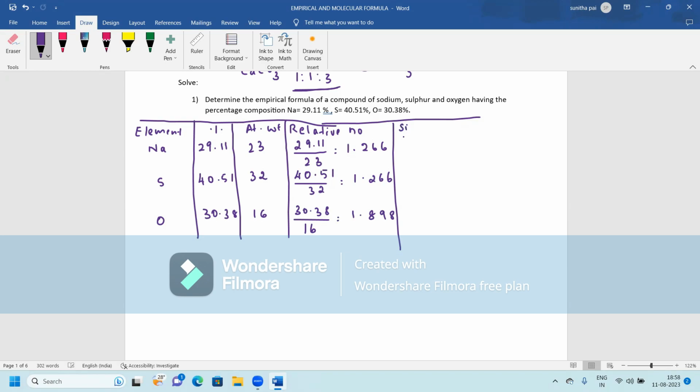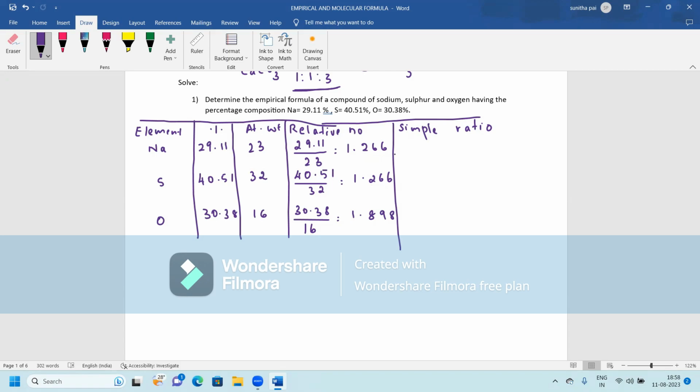Once you get the relative number, the next column is for simple ratio. Simple ratio is calculated by dividing all the numbers. I have 1.266, again 1.266, then 1.898.